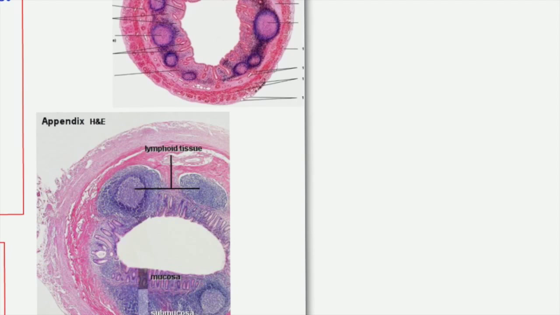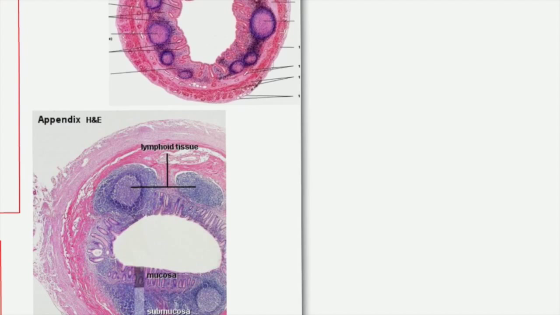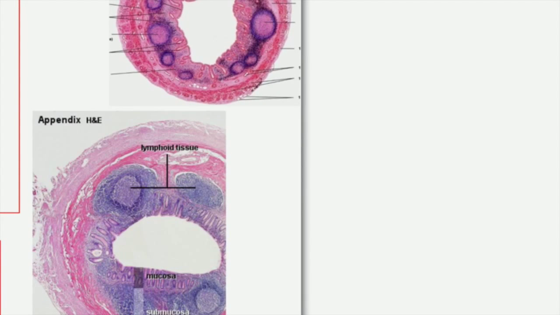Here again, a transverse section in the appendix, a hollow organ, having no villi but only crypts. The crypts here are few and they are short. Here, as you see, they are not so numerous like that of the cecum.